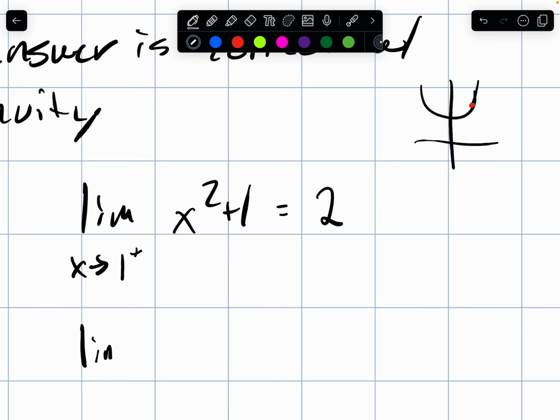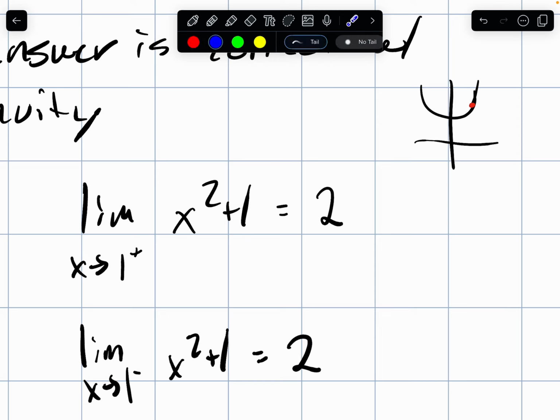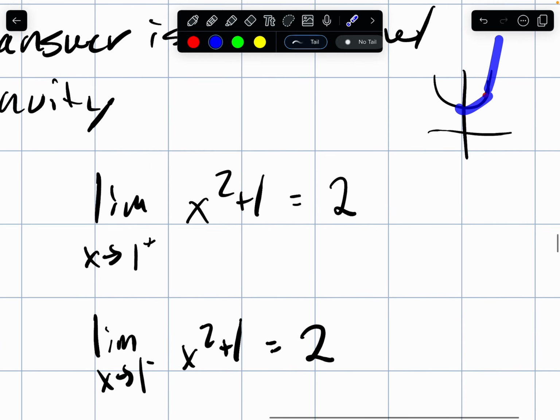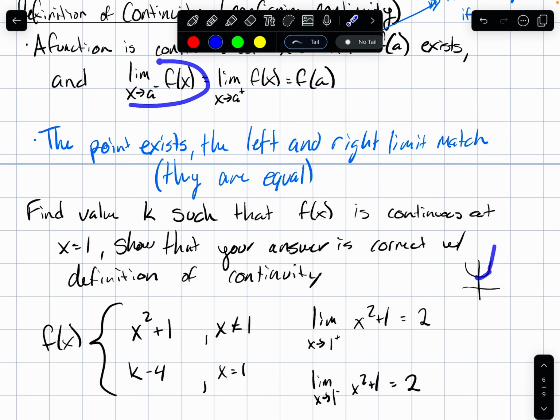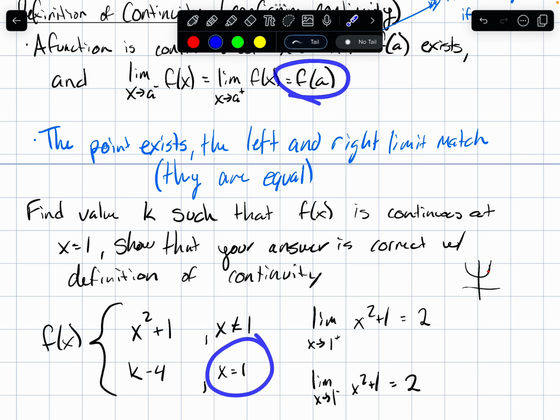So we're kind of looking at this point here. Now, I also know that our limit as x approaches 1 from the left of the same thing is going to be 2 as well. From the left, I go to 2. From the right, I go to 2. So now I know I have this portion of the answer and this portion of the answer. Now, when I plug in 1, f of a, you can imagine that a is that 1. I need to get 2.